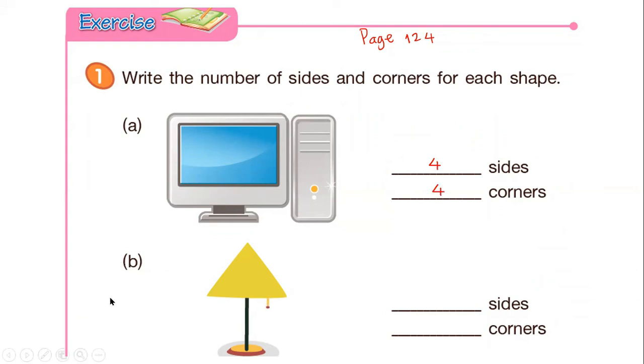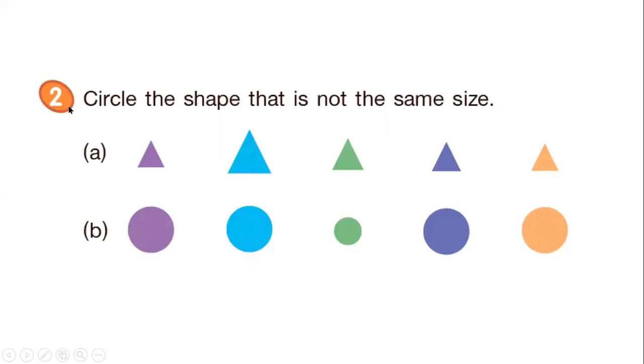Okay, what about part B? Look at this. It's a triangle, so how many sides and how many corners? Oh yes, please write your answer. Okay. Part number 2.